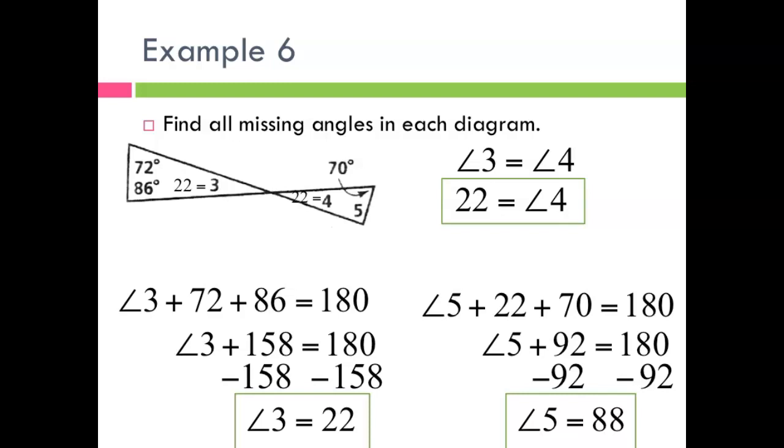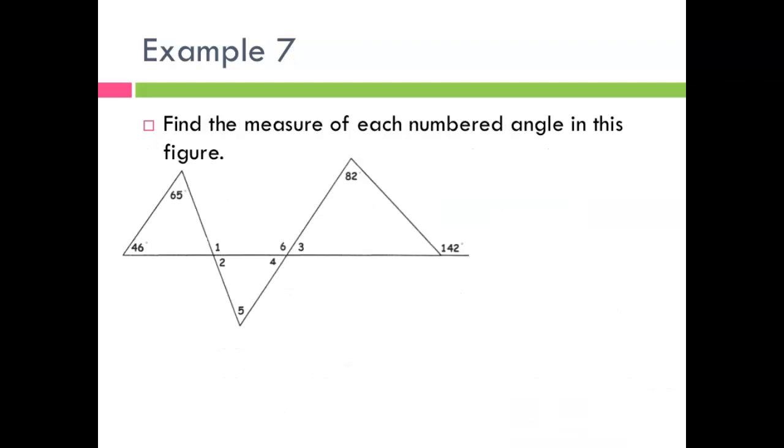All right, last example. Find the measure of each numbered angle in this figure. Now you'll notice here we've got a lot more going on. We've got angles 1, 2, 3, 4, 5, and 6 that we need to solve for. Let's start with this triangle here on the left.